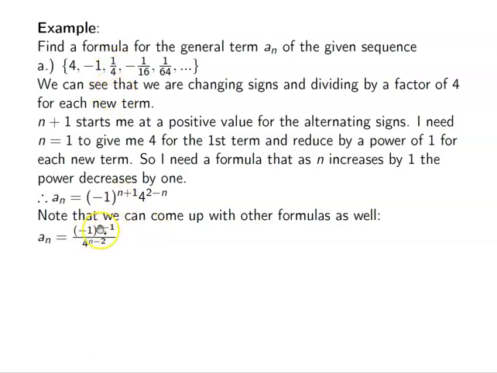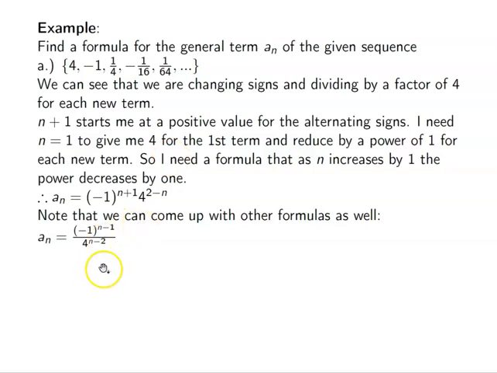Here, remember, I just need this power to start at an even number for this negative 1, so it starts off positive. So if I plugged in 1, well, 1 minus 1 is 0. Anything to the 0 power is just 1, so that's a positive multiple of 1 here. Okay, so both of these are equivalent ways of writing this formula.